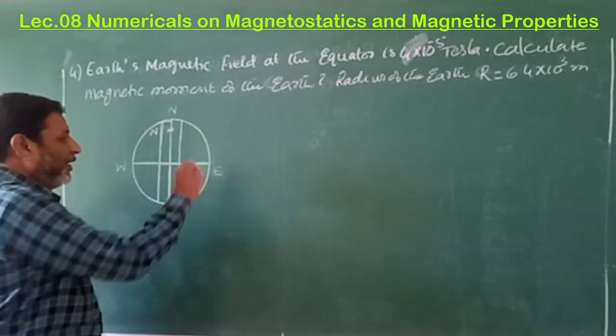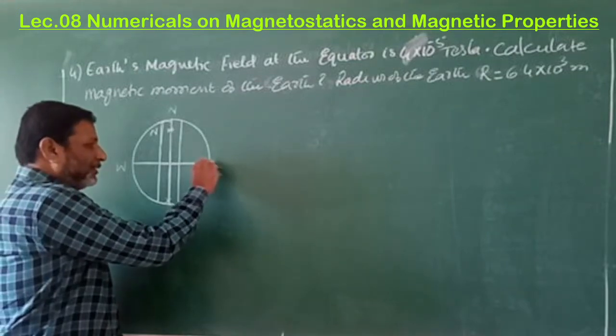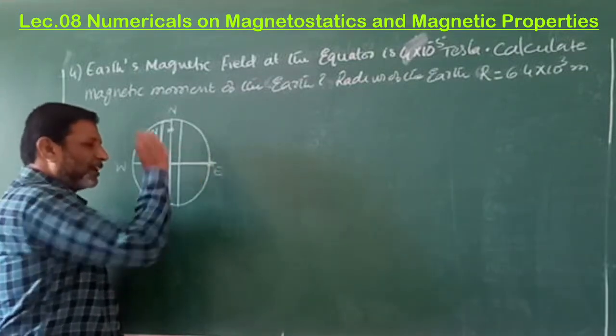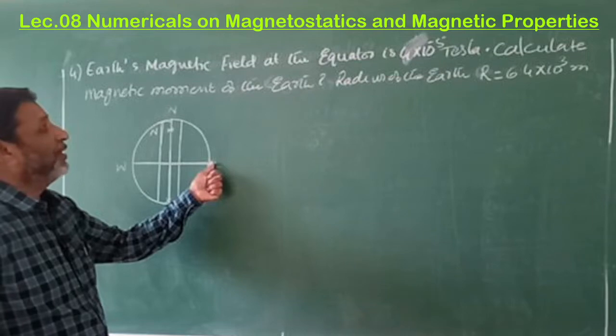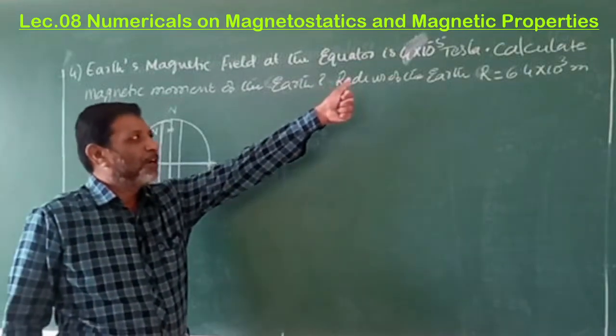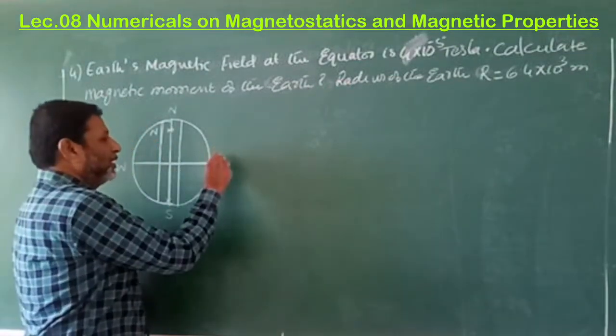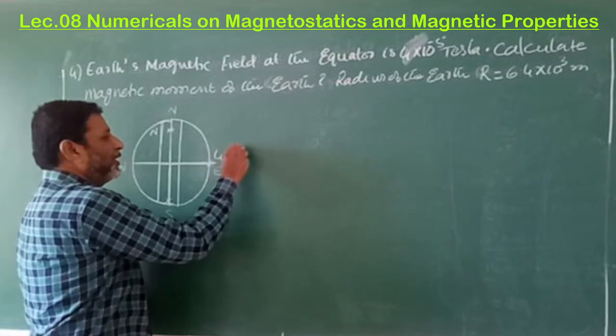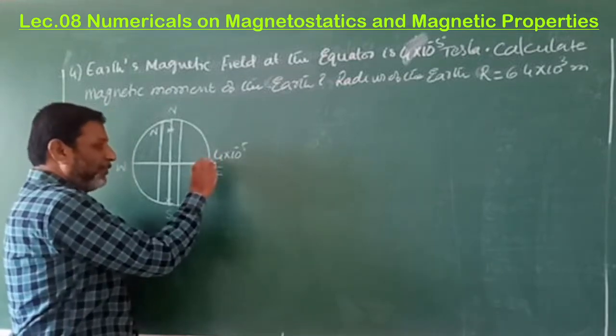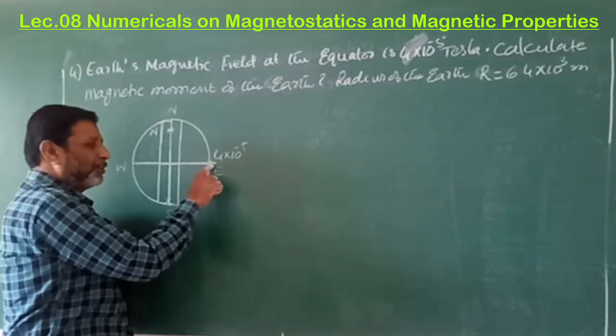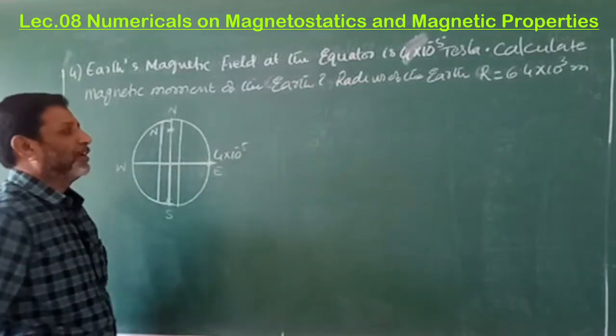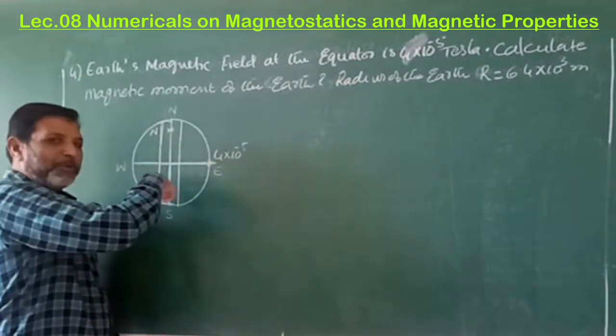Now, the field at the equator, the Earth's magnetic field that is given to you, its value is 4 into 10 raised to minus 5 Tesla. The magnetic field at the equator is given to you, and by using this you have to calculate the magnetic moment of the Earth.